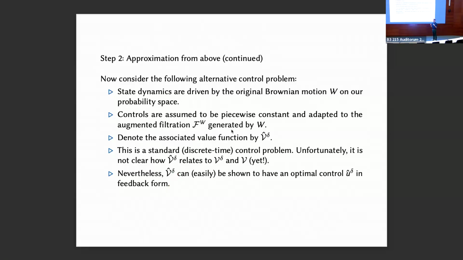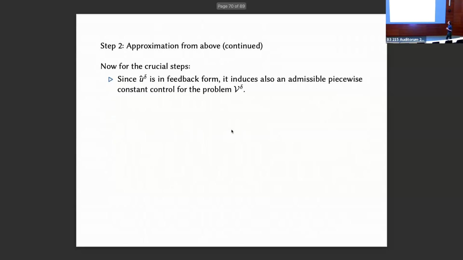Feedback form means that the optimal control can be written as a function of the current state. It does not take into account any past information. And you can imagine that pasting those could work. And that's the trick. So now we have an optimal piecewise constant control for the auxiliary problem.